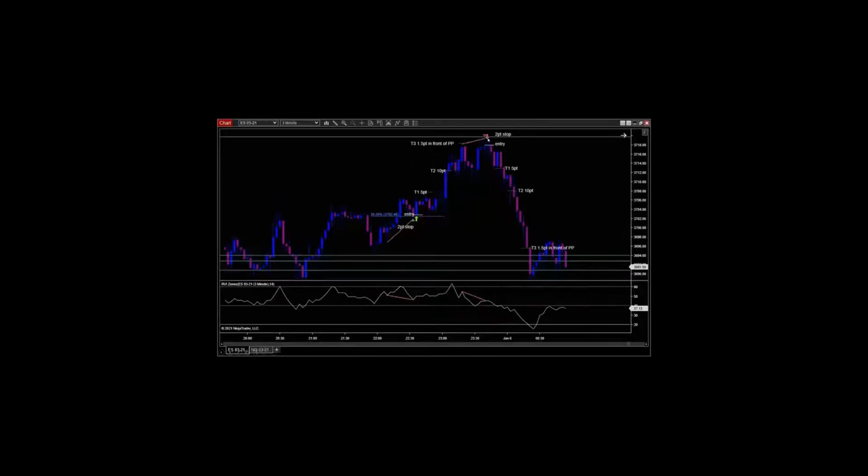In this case, with my 2-point stop, I was able to get in and still have, I think, 3 or 4 ticks of risk above that previous high. And the trade ended up working out. I want to make a point that sometimes you're going to have a signal bar that pushes up right into your area, and you're going to see the divergence.